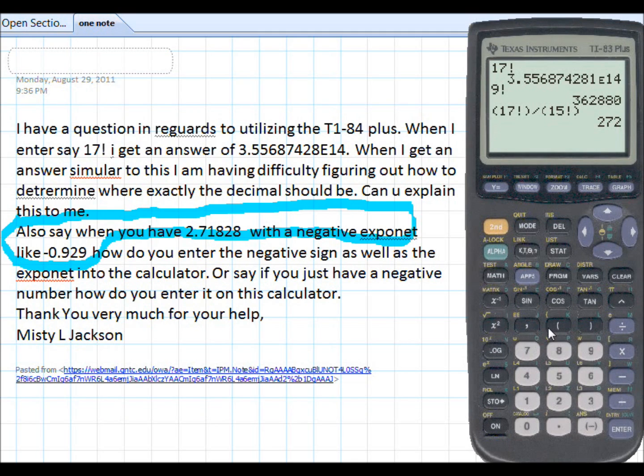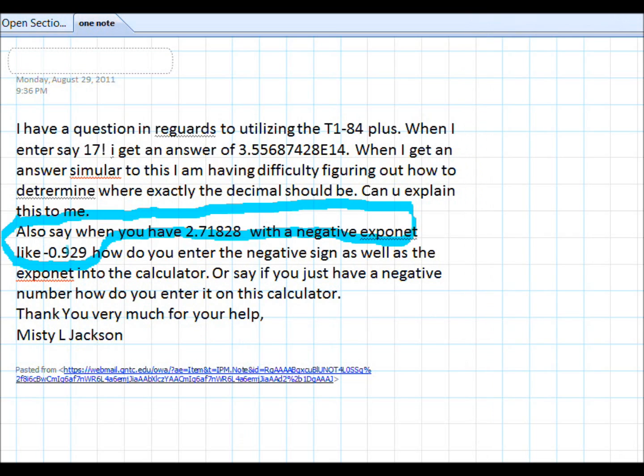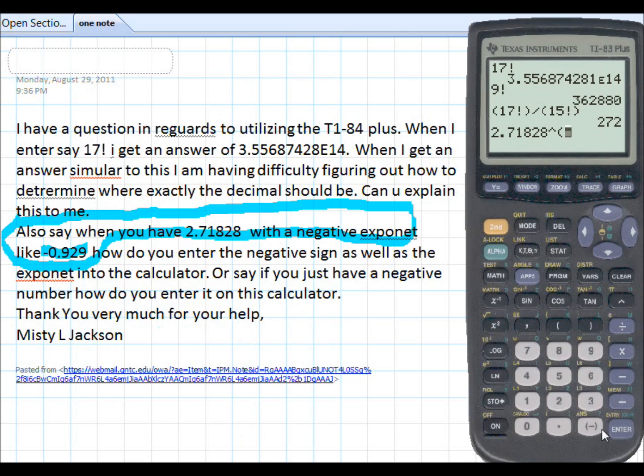So we have 2.71828, and here's the exponent sign, and then you put it in parentheses, and you put in the negative number right here, and there's the negative sign, negative 0.929, and then you hit enter, and lo and behold, there it is.